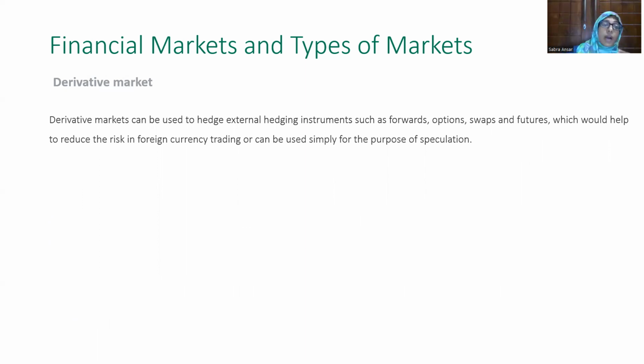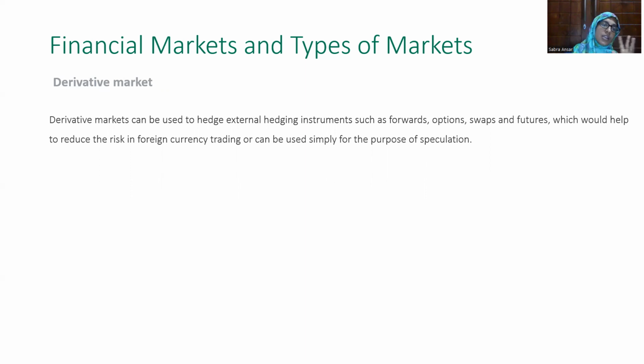The derivative market can generally be used for hedging, with instruments such as forwards, options, swaps, or futures. This helps to reduce the risk in foreign currency trading and can also be used simply for the purpose of speculation.